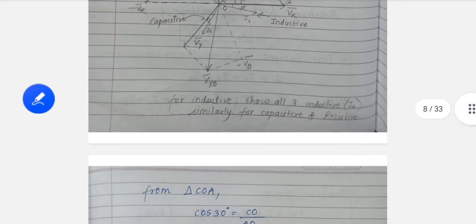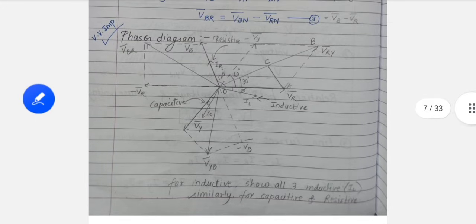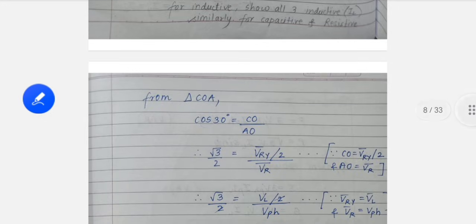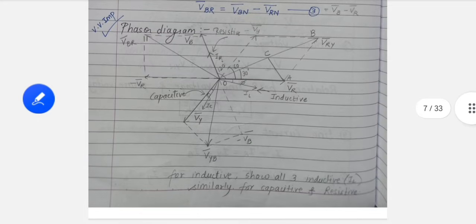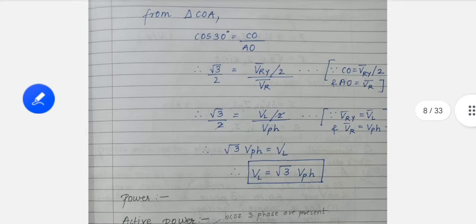And what is CO? If we see the diagram, focus on CO, it is half of VRY, right? So this will be equal to VRY by 2, half of it. And what is AO? Remember AO is VR. So here you can write that.